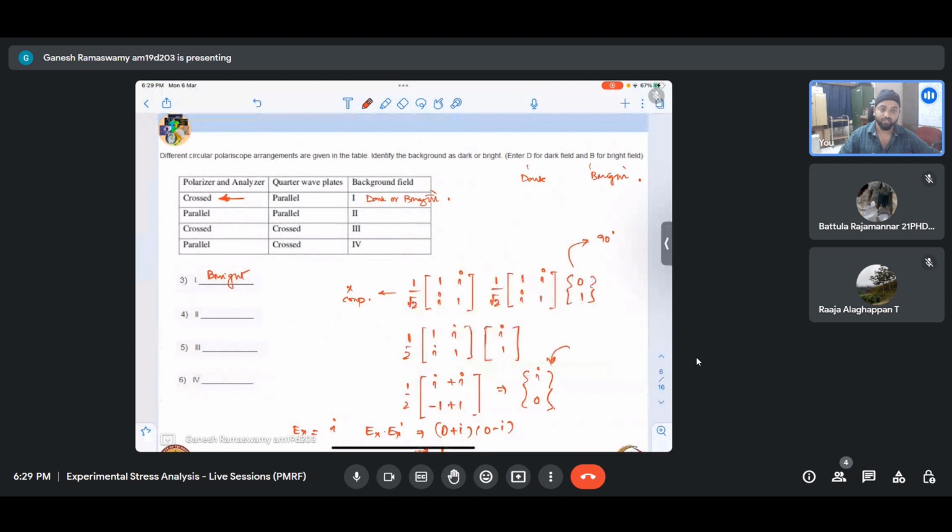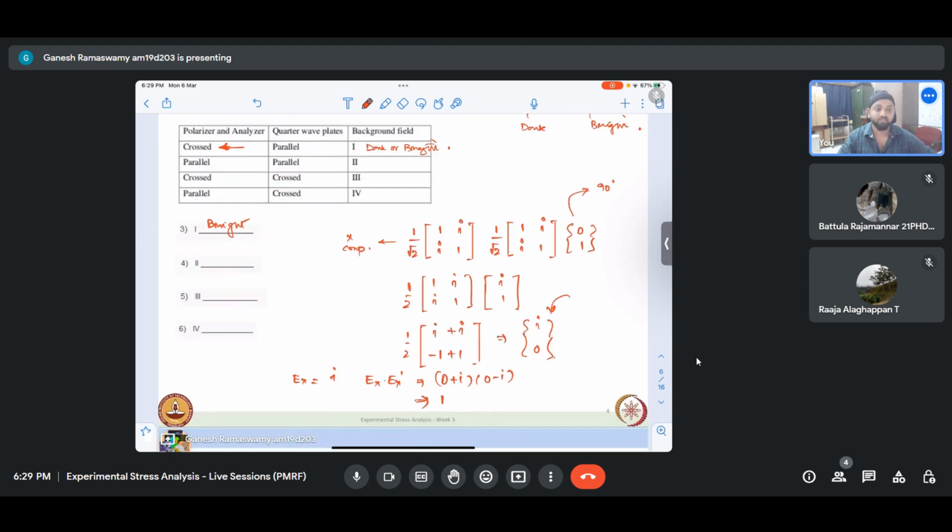So on similar lines, we can derive the things for each and every combination. Is that clear? Are there any questions? Okay, so I take it that it is clear.